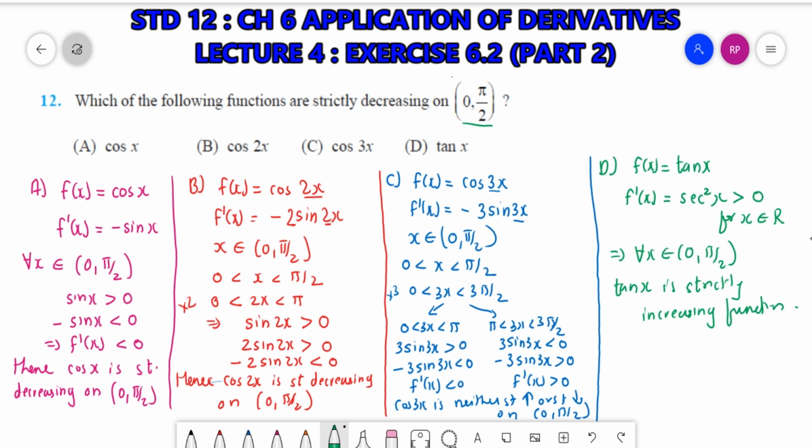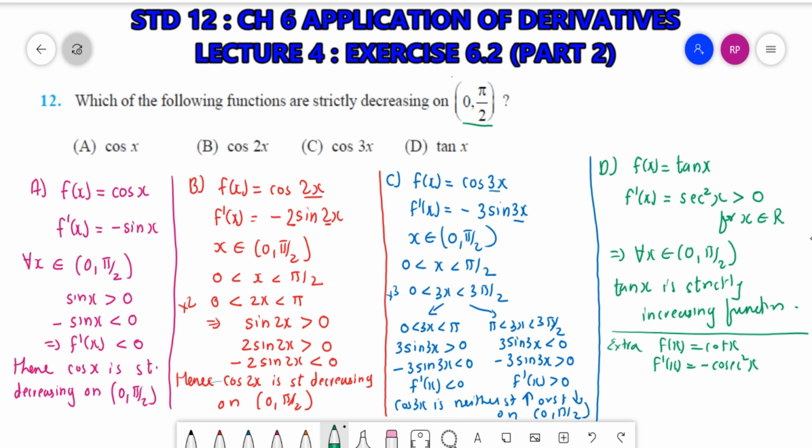On the other side, if you take cot x, here it is not given, but let me write it down extra. If f(x) was equal to cot x, then f dash x will be equal to minus cosec square x.